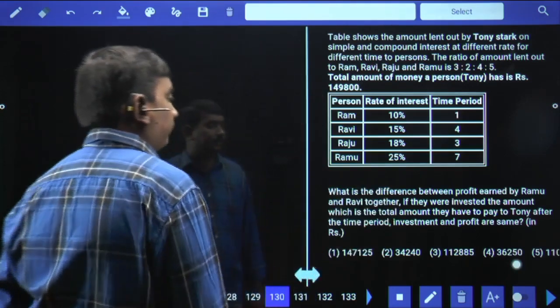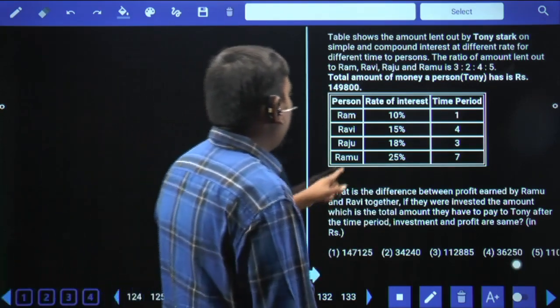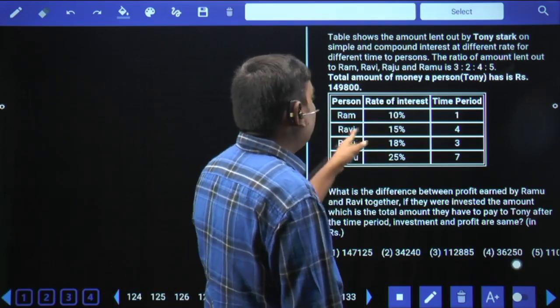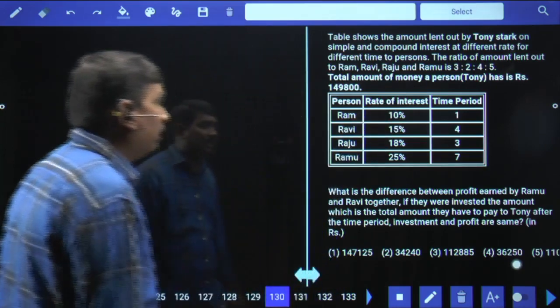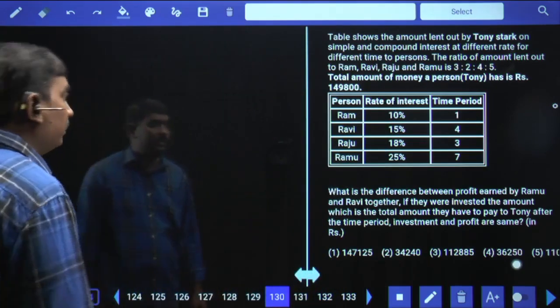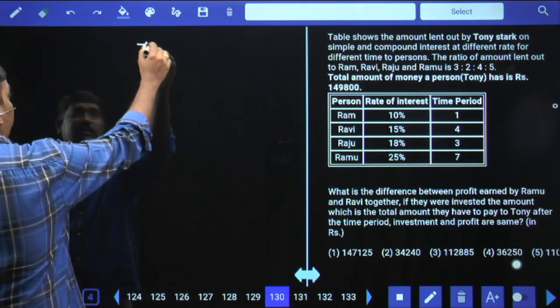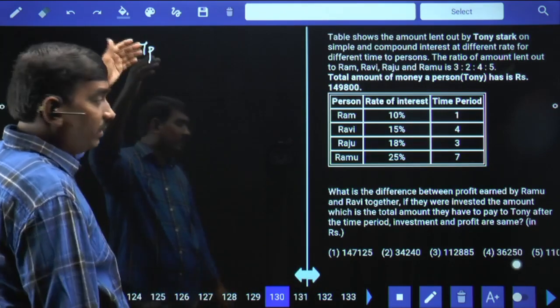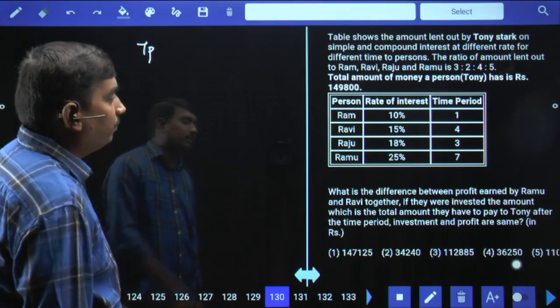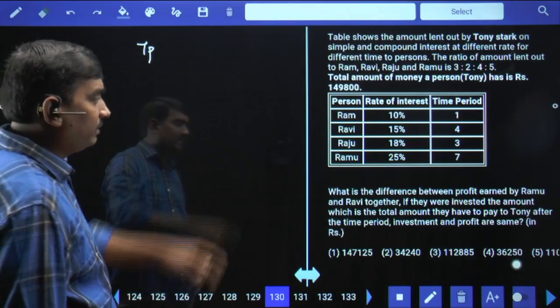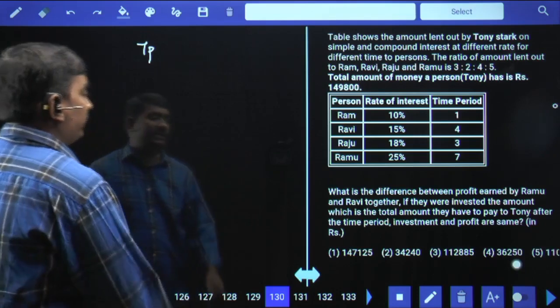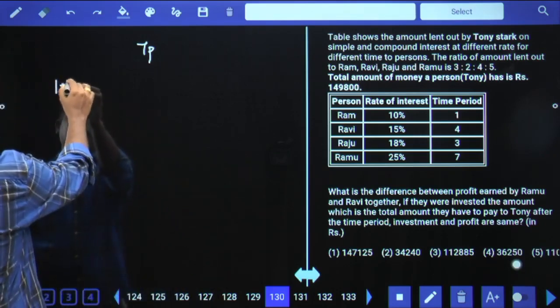That is Tony, Ramu and Ravi. Ramu 5 parts, Ravi 2 parts. Together 7 parts. Earlier we found this in the previous questions. Ramu per year 25% is 7 years. 25 sevens are 175% of 5 parts.